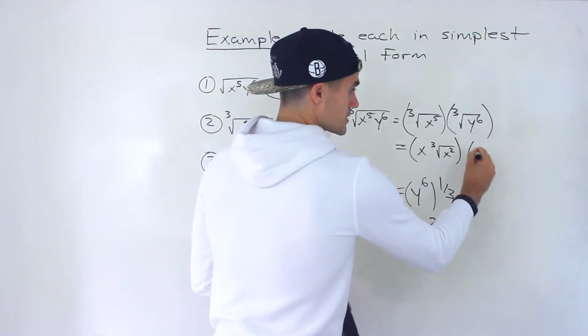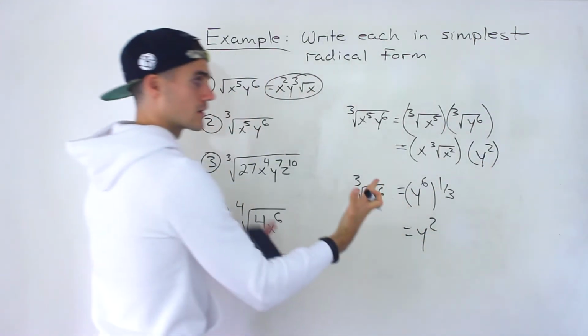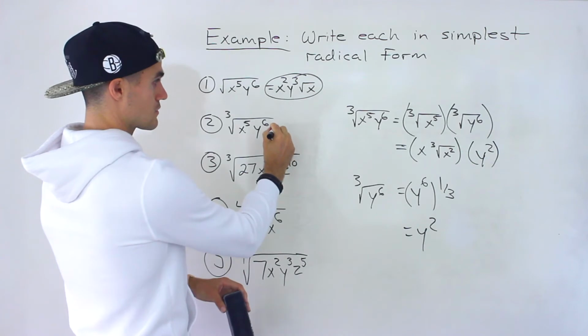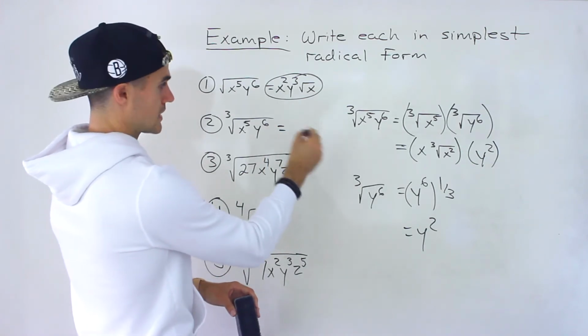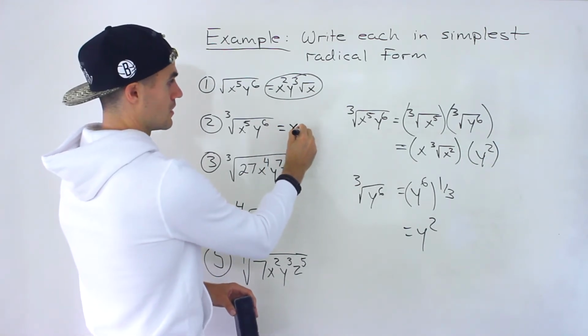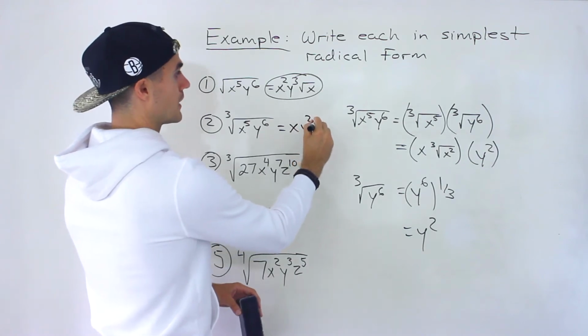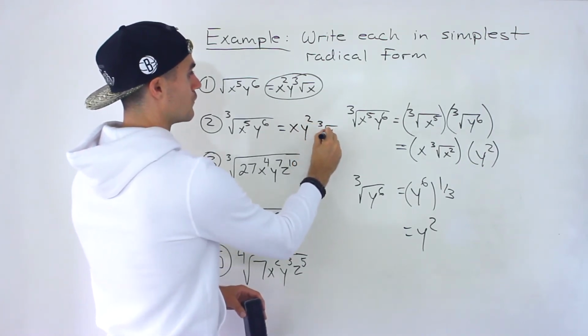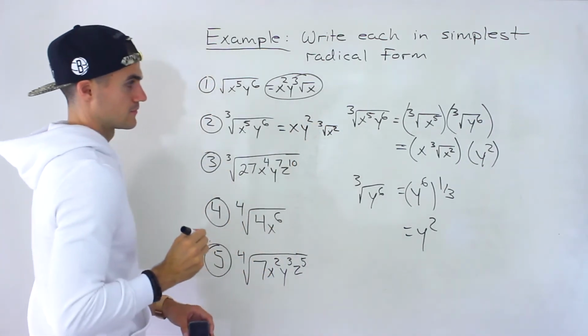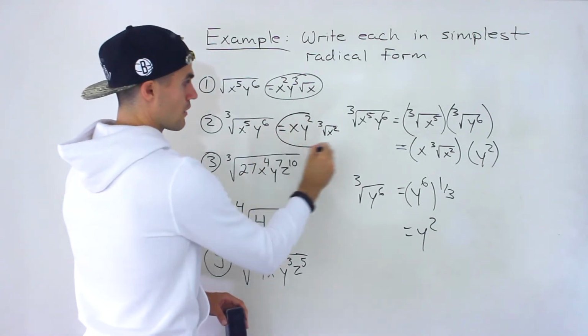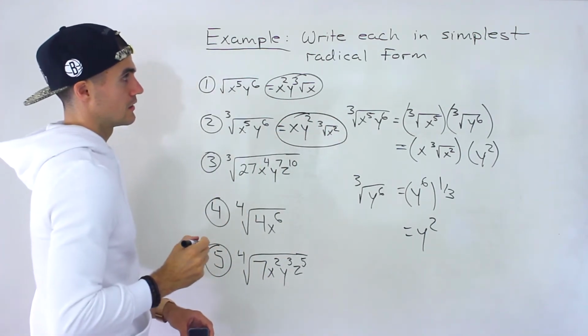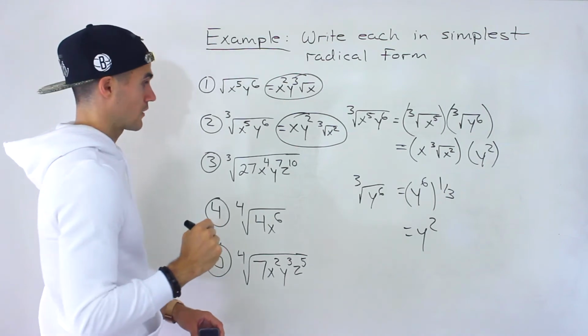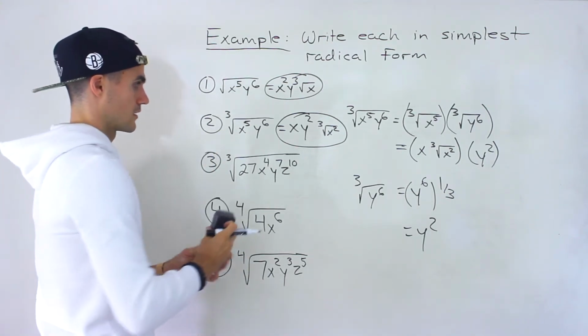Combining those into a nicer format, we could put the y to the 2 with the x, so we'd have x y squared, and then the third root of x squared, like that. And so that ends up being the simplest radical form for number 2.